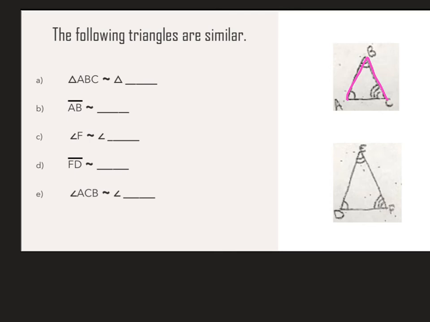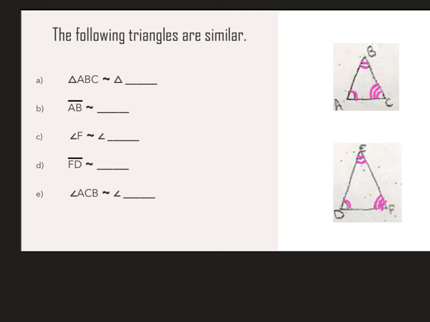Notice these little lines in the corner help you figure out which angle is congruent to which. So angle A only has 1 line. That is congruent to angle D, which also only has 1 line. Angle B has 2, so that's congruent to angle E. And then angle C has 3 lines, which is congruent to angle F down here.